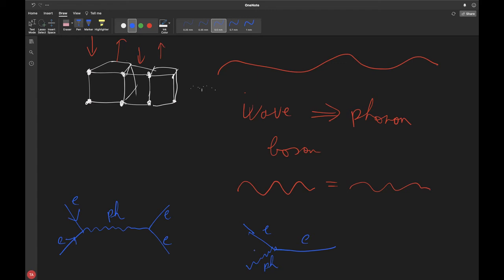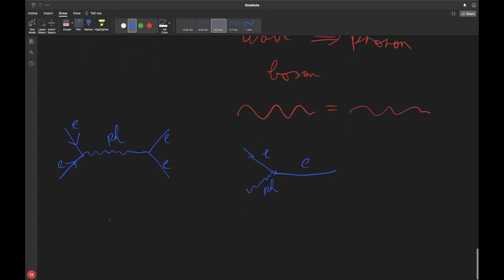And for any interaction, there are two electrons incoming and they exchange a phonon, and then the electrons go through. So the same kind of diagrams that we have seen with the electron-photon interaction can now be translated into material science, to calculate the same kind of amplitudes and use them to describe different materials.